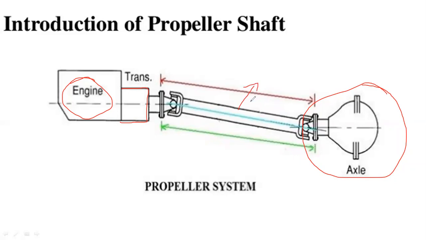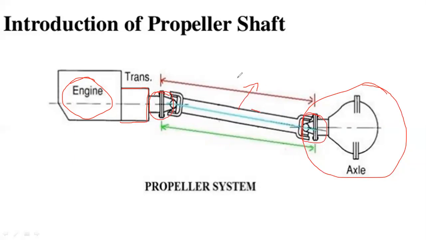You can see this propeller shaft is connected with the engine driving shaft at one end, and the other end of the propeller shaft is connected through the axle shaft, that is the driven shaft in the automobile vehicle.